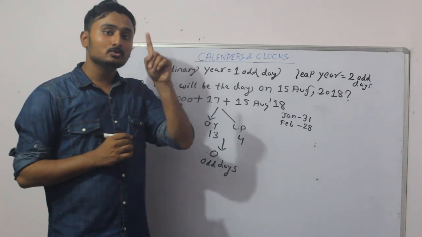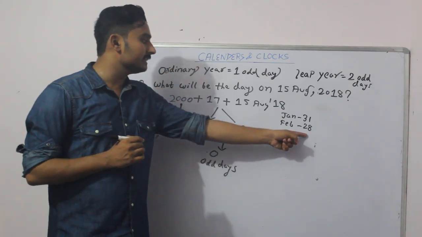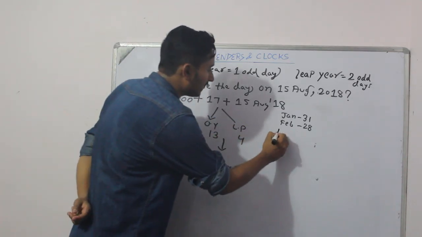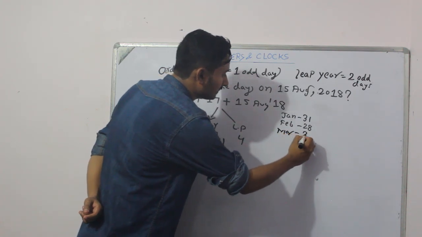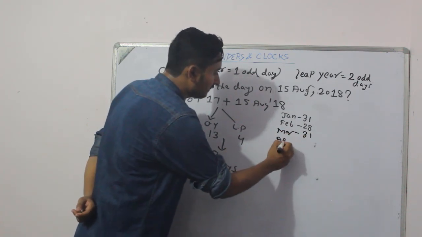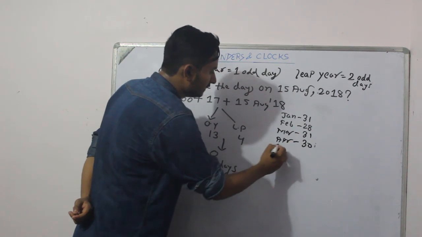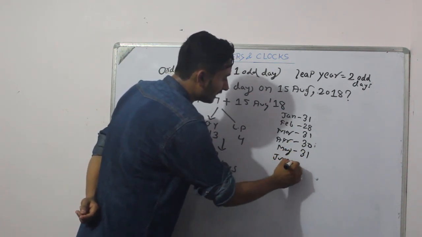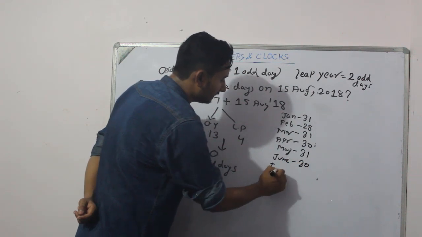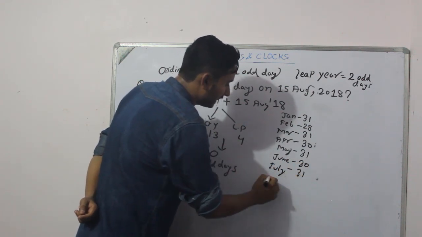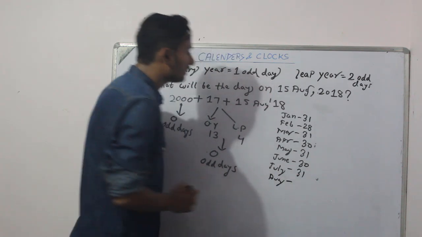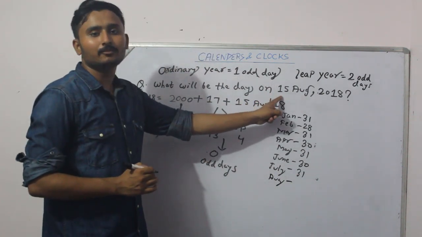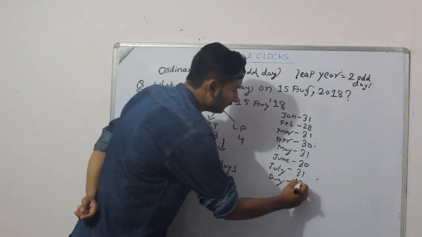If it were 2020, we would have written 29 here. In March we have 31, in April 30, in May 31, in June 30, in July 31, and in August we need to consider only up to 15th August, so it will be 15.